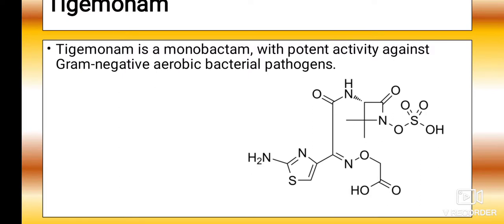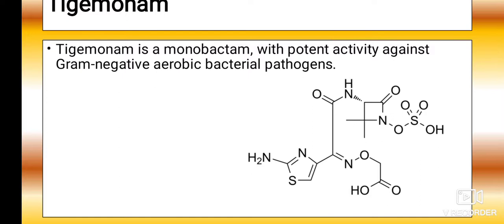But it is not fused with the beta-lactam, so that beta-lactam ring is a single, monocyclic beta-lactam ring. Hence that drug comes under monobactams, and it is potently active against gram-negative aerobic bacterial pathogens, mainly aerobic bacteria, and in comparison with gram-positive and gram-negative, they are active against gram-negative pathogens.